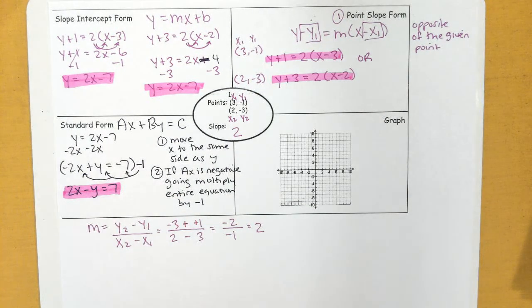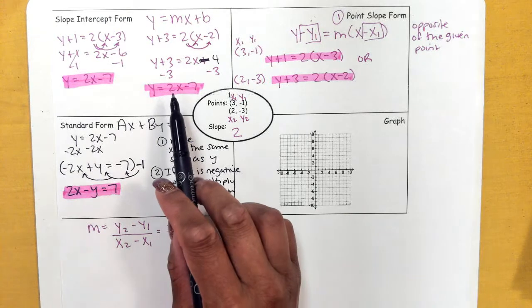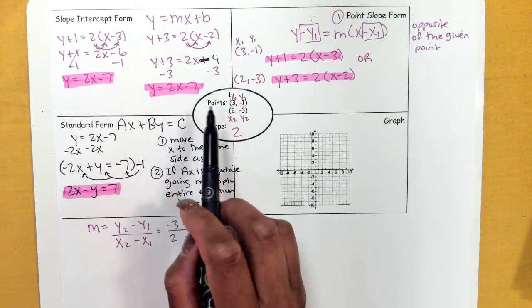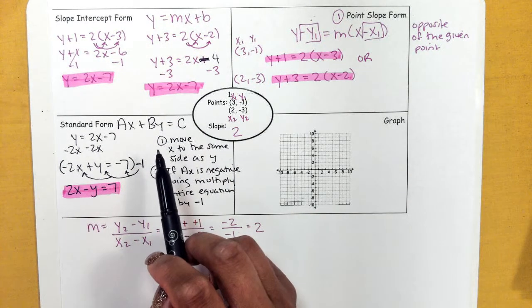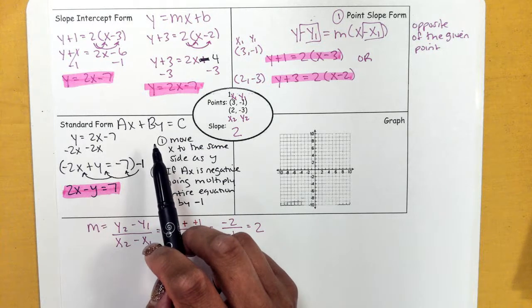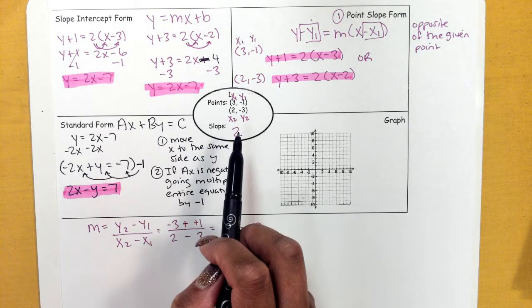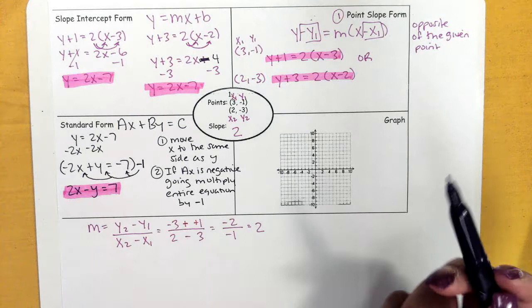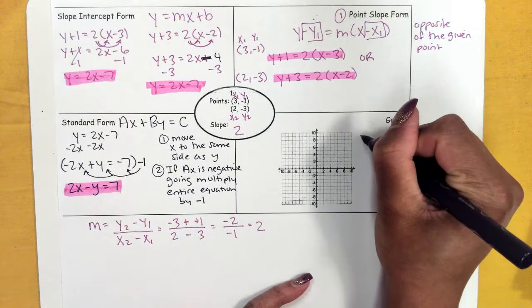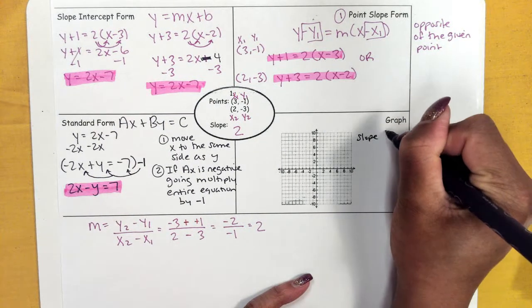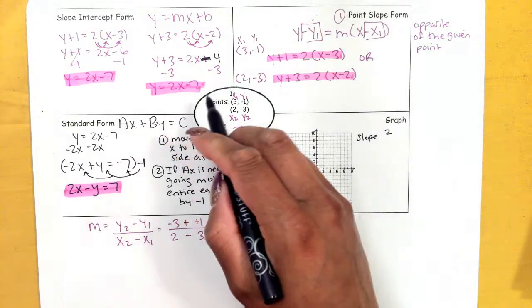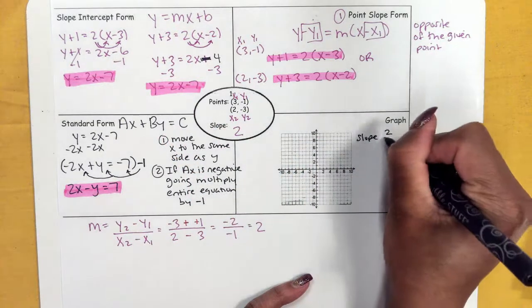Now our last step should be simple enough. We are going to graph what we've been given. And we can graph it either by using slope-intercept form, or we can find the x and y intercepts in standard form, or we can plug in 2 points, finding its slope, and continue from there. But we know our slope is 2. Our slope is 2 over 1.